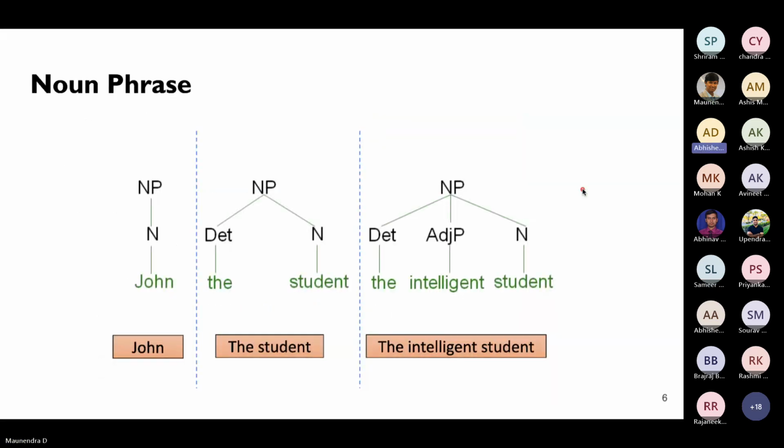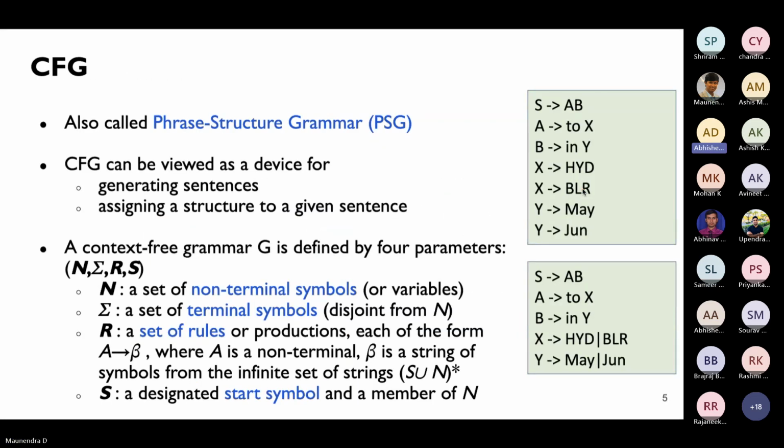Sir, I also have a question. We said that S, A, B, X, Y are the non-terminals. So these 5 are the non-terminals here. And terminals, there are 6 terminals: Hyderabad, Bangalore, May, June, and the two others.